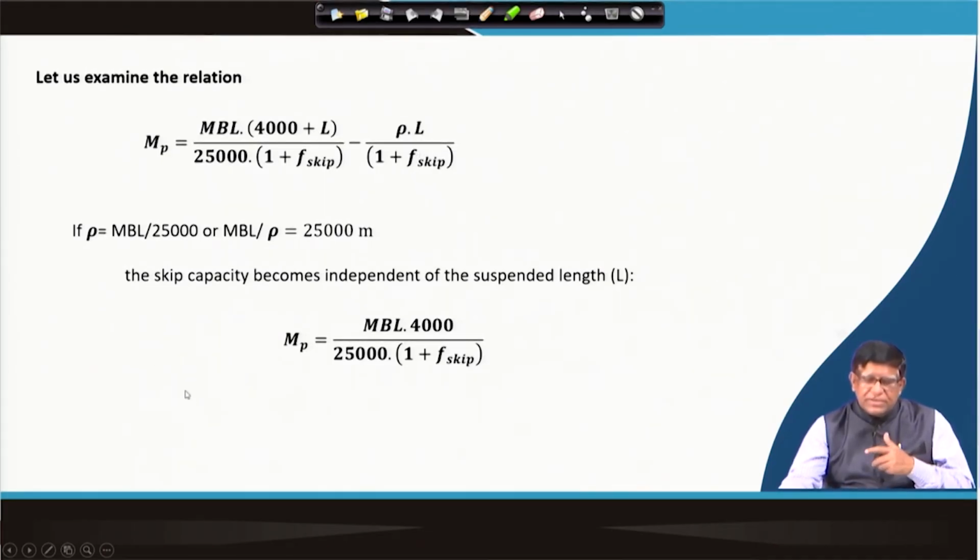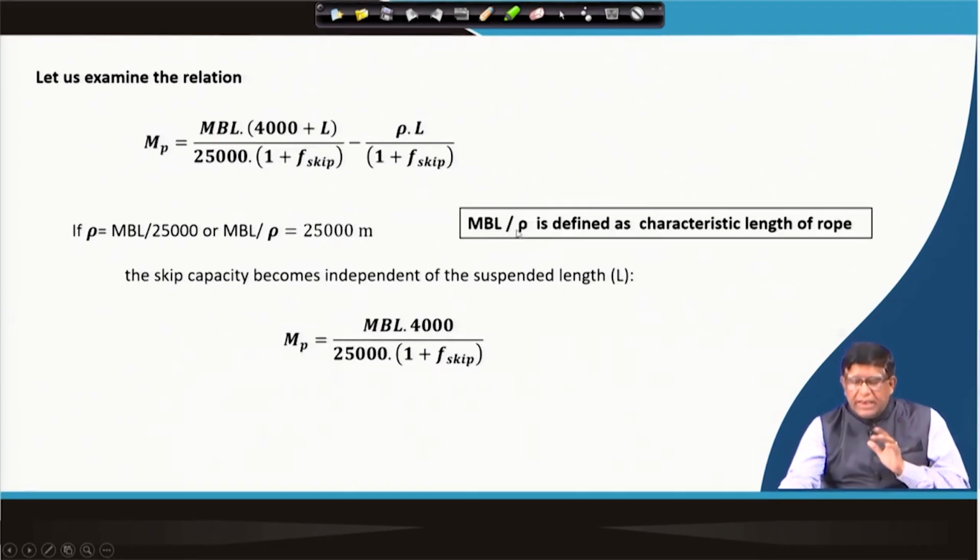So, the skip capacity is independent of L. There is a particular ratio, for a particular value of rho at a particular depth, where it becomes independent of the length.